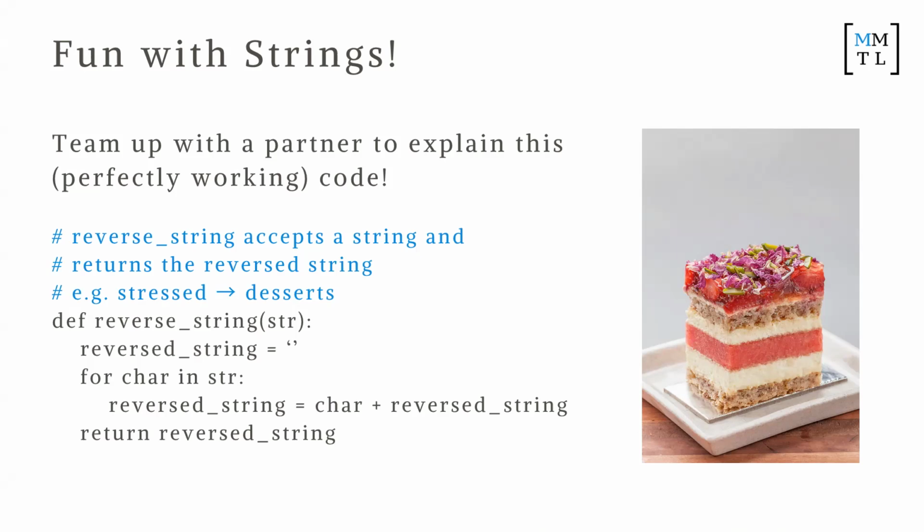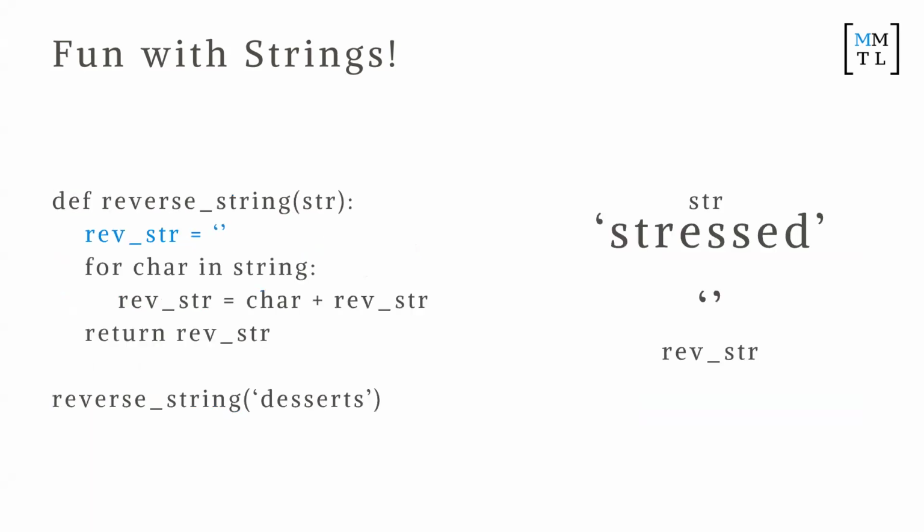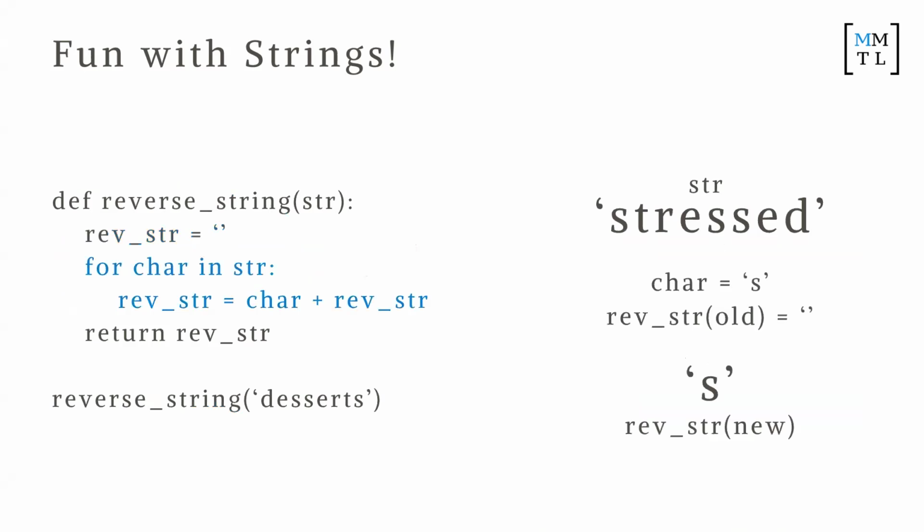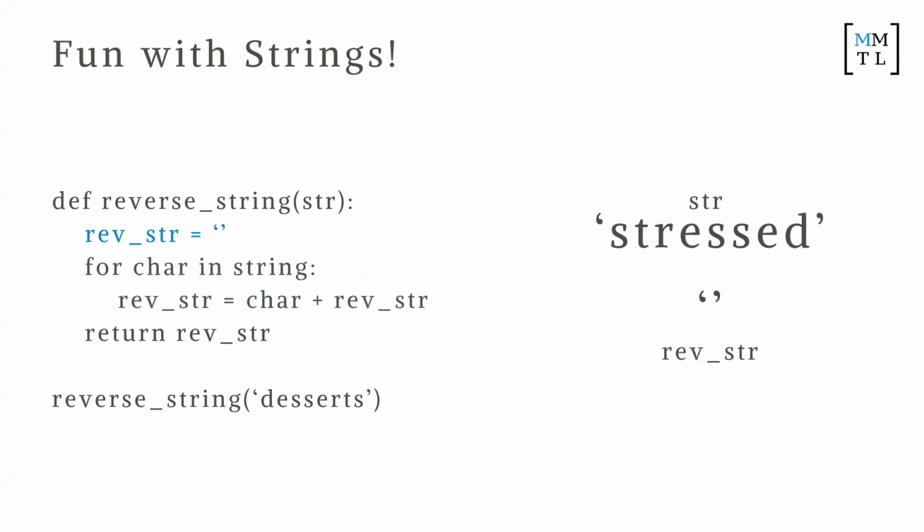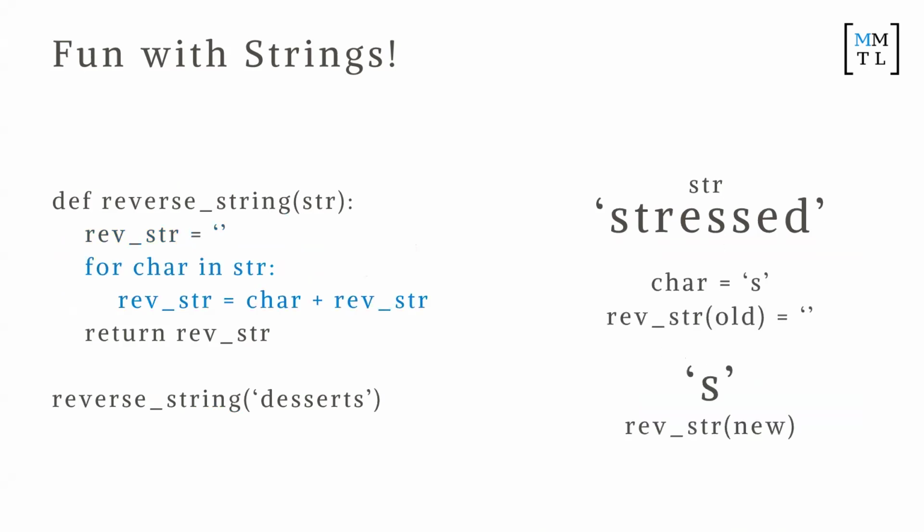Exactly. What's sort of magical about this code in particular is the reverse ordering of this. Whenever you see code that looks like this, you have to wonder why they put char first and not second. So let's go through what that actually looks like. We create the reverse string first. And then for the character, we set reverse string equals character plus reverse string.